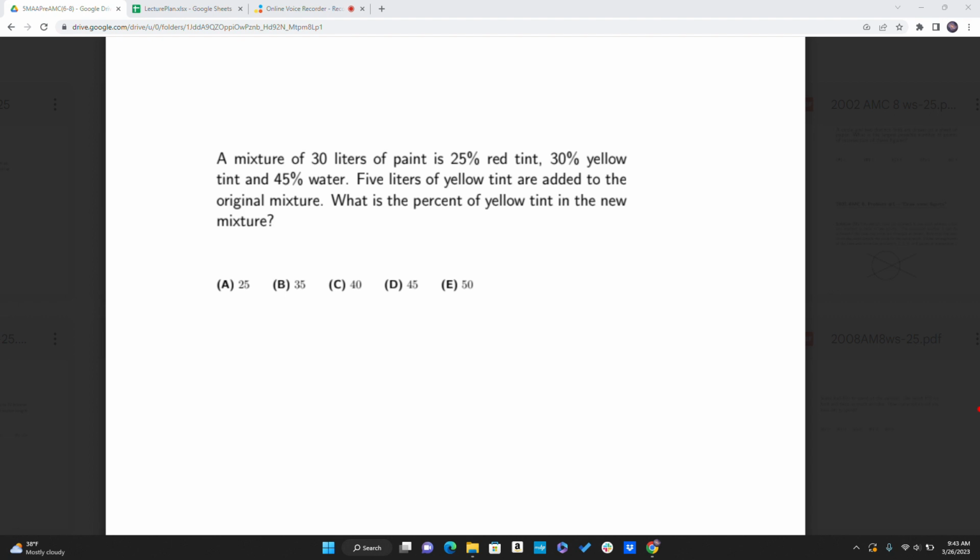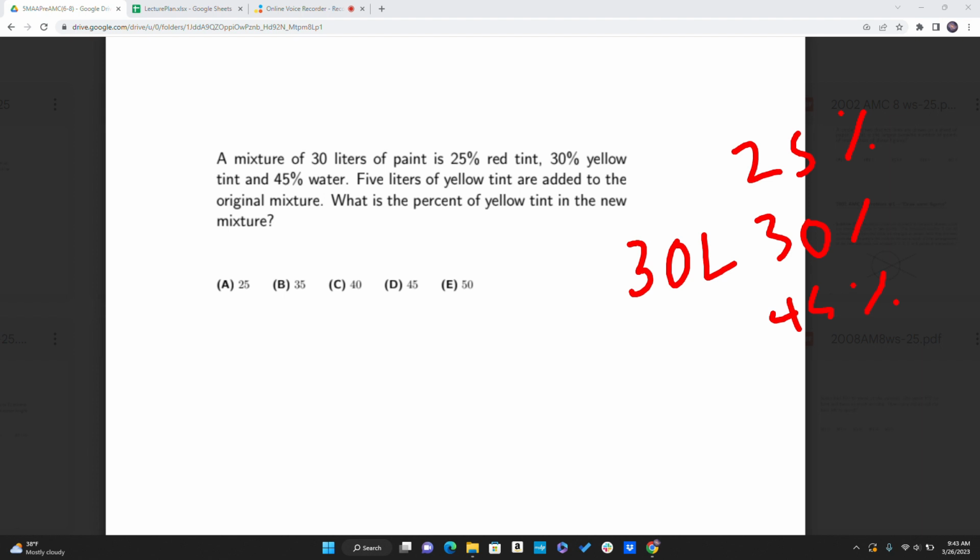Alright, so at first we had 30 liters, and we had 25% red, 30% yellow, and 45% water. Right, these are all percentages. Okay, so how much of that was everything though?